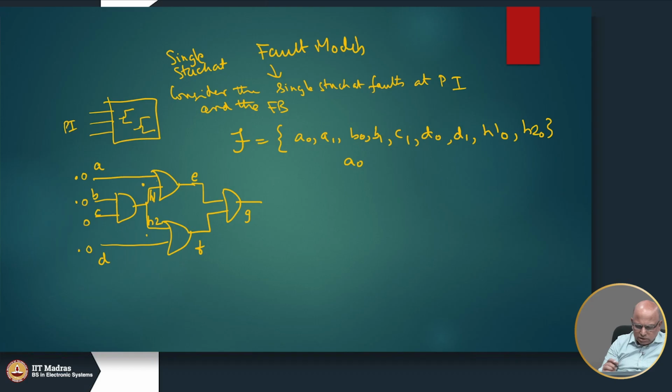The circuit's normal functionality is BC plus A and BC plus D. B dot C is the output of the AND gate here, and we are adding it to A, and then B C plus D. So, this is BC plus A and this is BC plus D. So, this is the good circuit behavior.